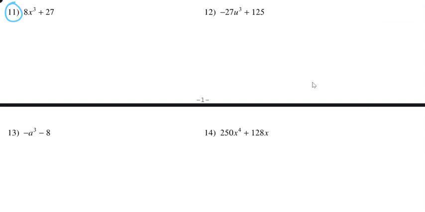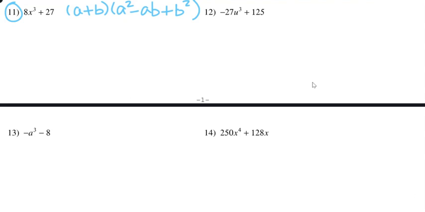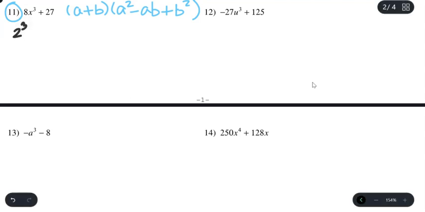That's the sum of cubes. So again, when you do the sum of cubes, this is your identity: a plus b, a squared minus ab plus b squared. So 8x cubed. Remember when we had the difference of squares, we're not always going to have a lead coefficient of 1. Well, 8 is actually 2 cubed.